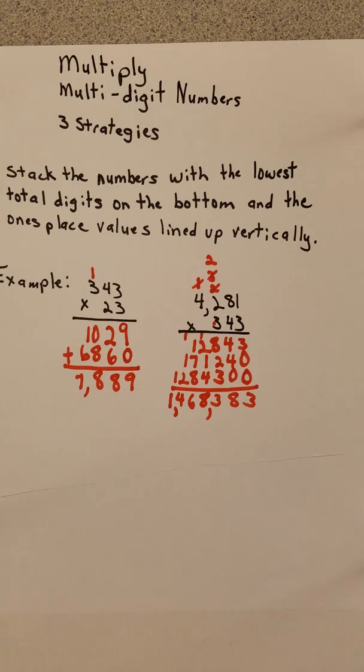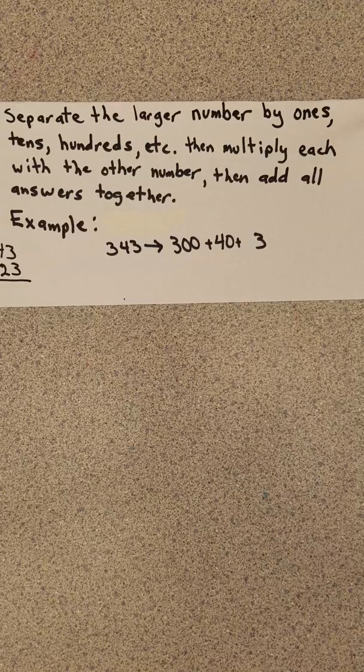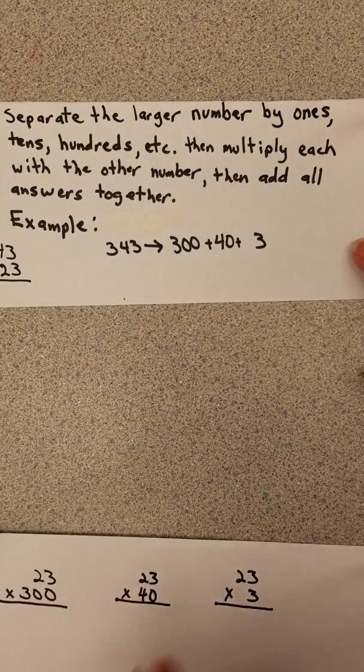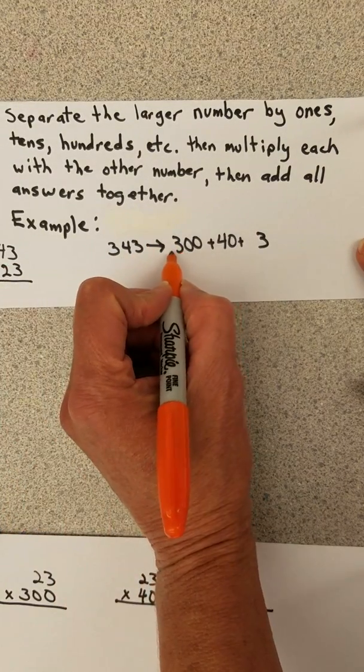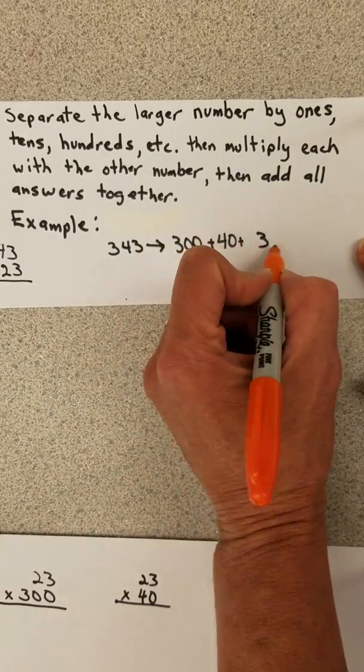Anyway, now let me show you the third method. And that third method is where you separate the larger number, the 343, into the hundreds, the tens, and the ones.